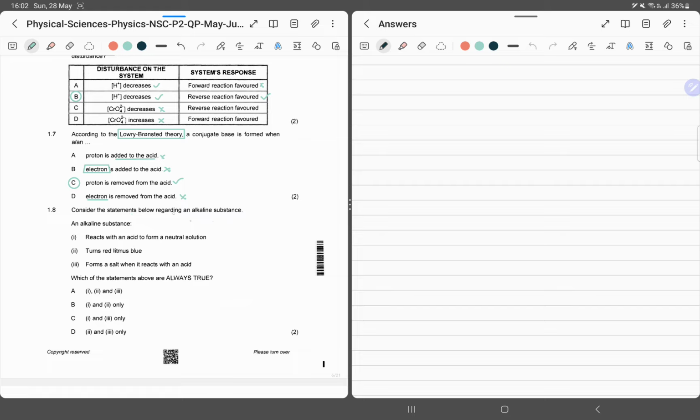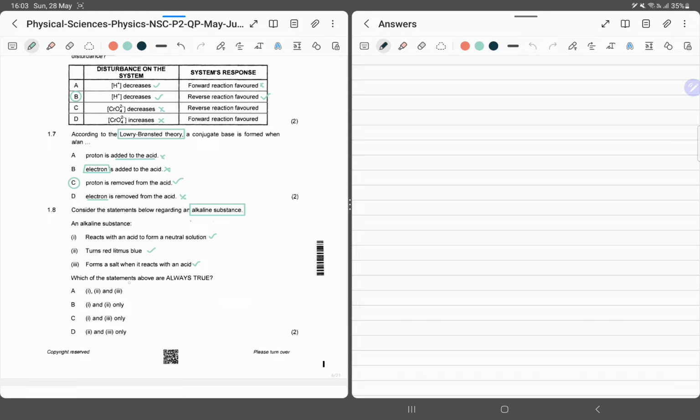Now consider the statements below regarding an alkaline substance. An alkaline substance reacts with an acid to form a neutral solution. That's possible when a strong acid reacts with a strong base, or a weak acid reacts with a weak base. Turns red litmus blue, that is true. Forms a salt when it reacts with an acid, that is true.